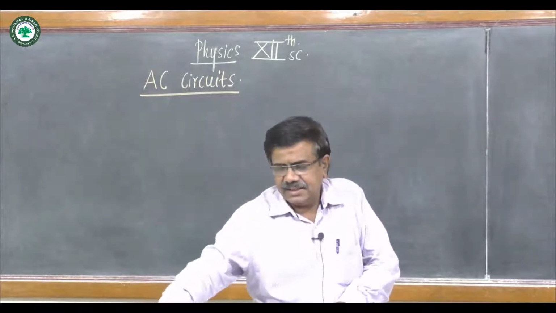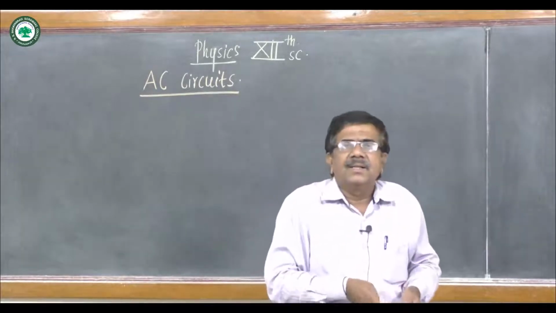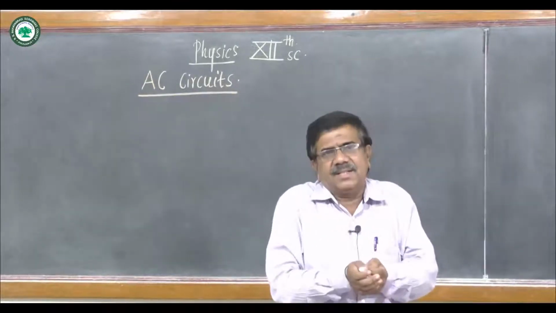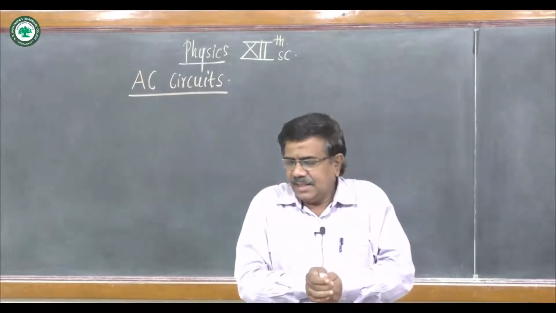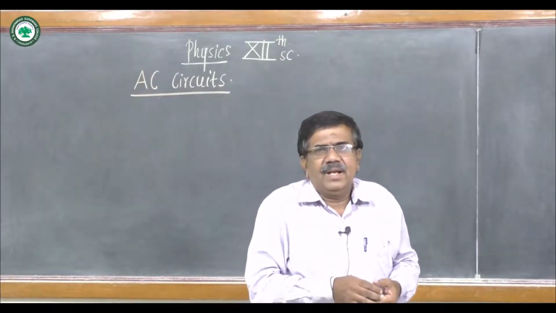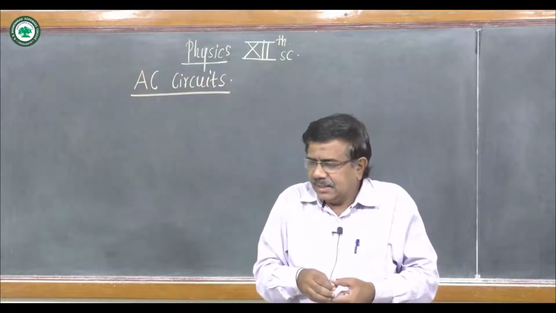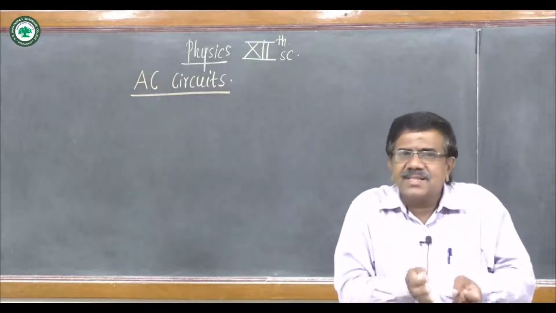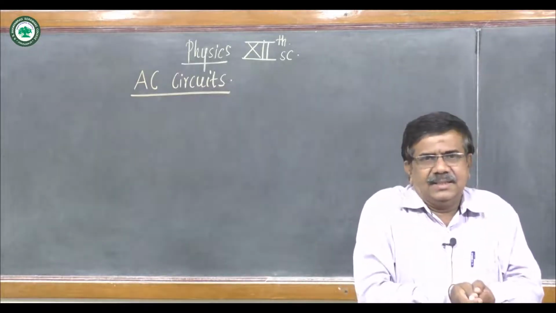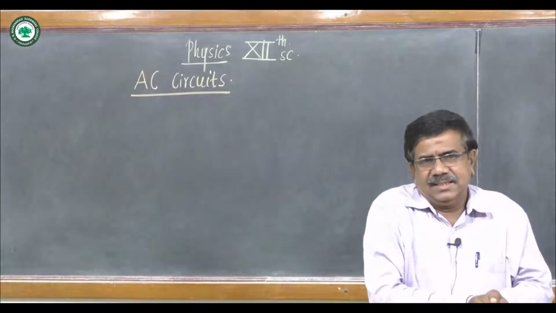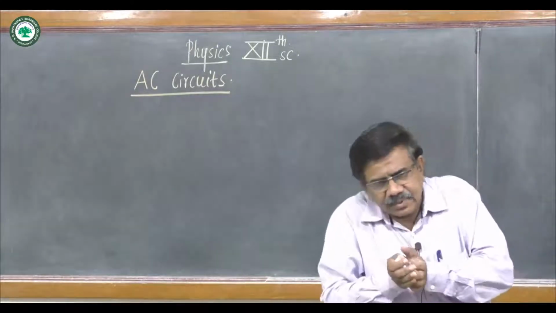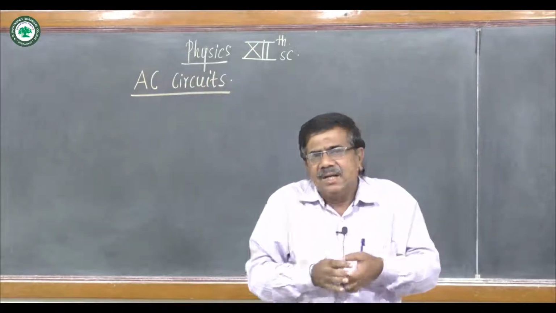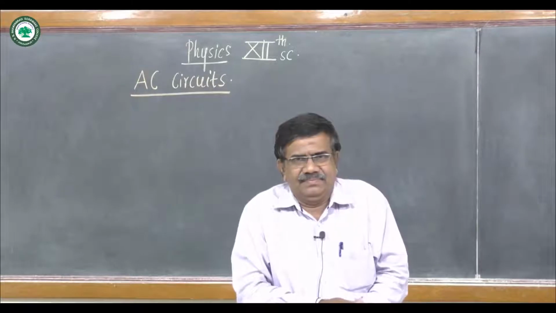In the last lecture we studied alternating circuits containing a resistor, inductor and capacitor, and we also studied the opposition to the flow of current by resistor, inductor and capacitor to flow the AC circuit through it, or opposition to the AC by these components independently.